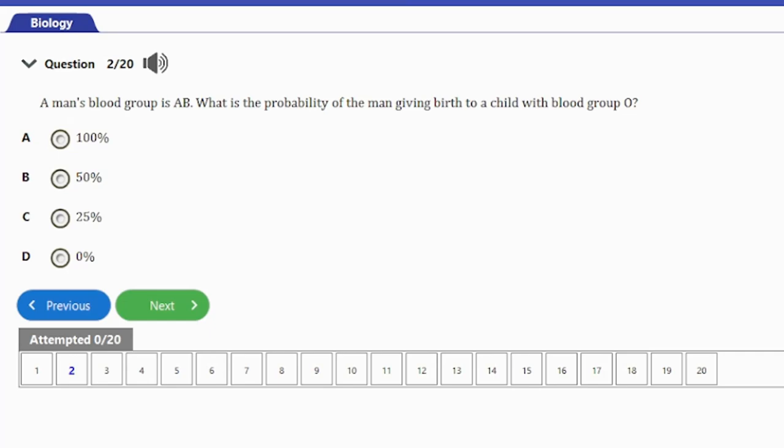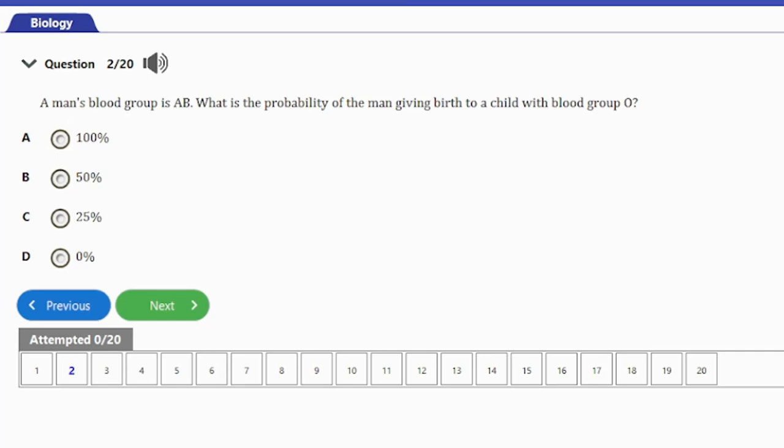Question number 2, it says, a man's blood group is AB. What is the probability of the man giving birth to a child with blood group O? We have A, 100%, B, 50%, C, 25%, D, 0%. So guys, the answer to this question is option D, and that's 0%.